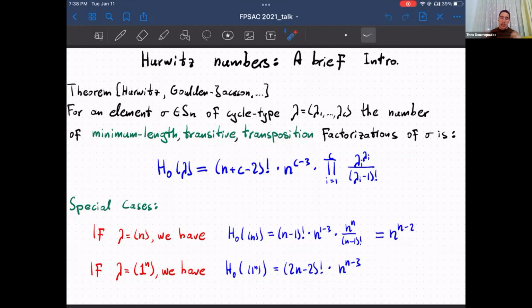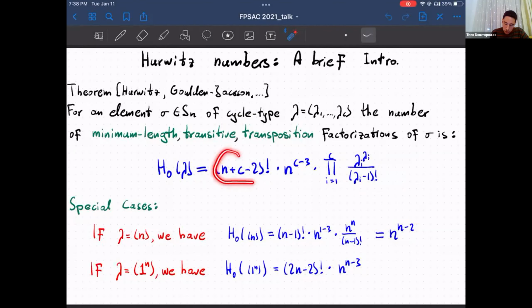Right? So there is a really cool theorem that goes back to Hurwitz at the end of the 19th century. It says that the number of those things is very nice. It's a nice product formula. It depends on the cycle type of the permutation, which is reasonable. And check this out. I would like us to remember a few of the important ingredients.